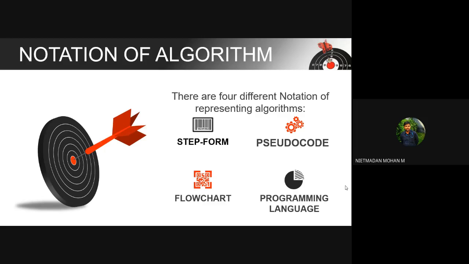A flowchart is a graphical representation, a pictorial representation where the links are given properly from one statement to another statement. Then you can find in which particular part the error has occurred and what modification we want to do to rectify those errors.